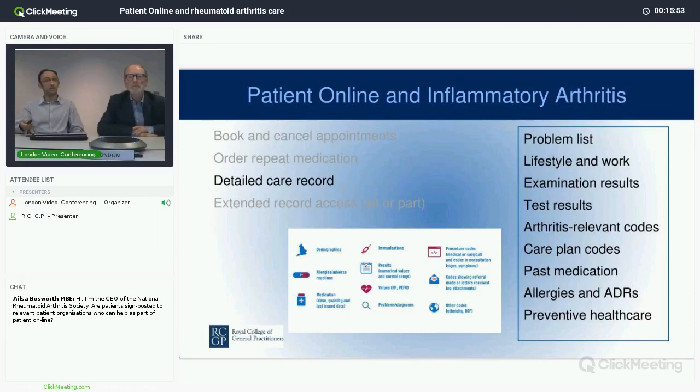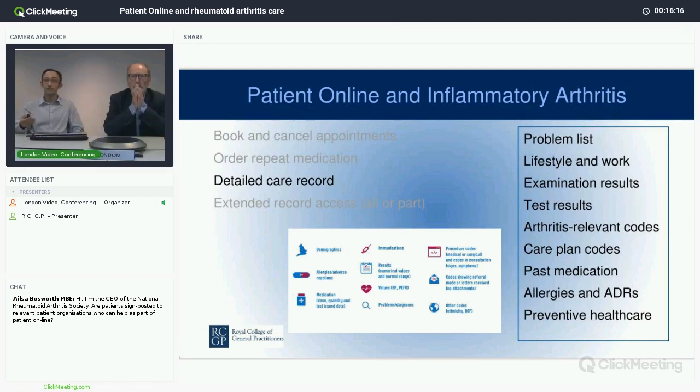Test results, obviously, the patients with rheumatoid or psoriatic arthritis have multiple tests, or on any DMARD regime generally will have lots of tests. And often they want access to the test results, whether that's by ringing their practice or through their secondary care contacts.